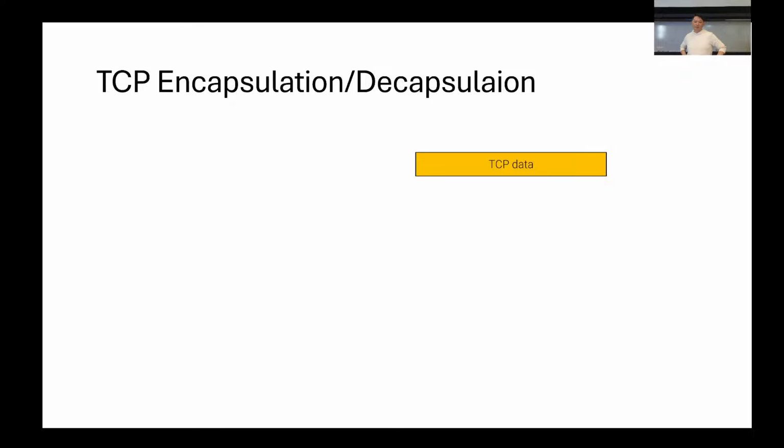Let's have some review. Okay, there's data to send. So we call that the TCP data. The sender wants to send that to the receiver. To do that, like an envelope, we have to attach some header information to that data. We call that the TCP header.